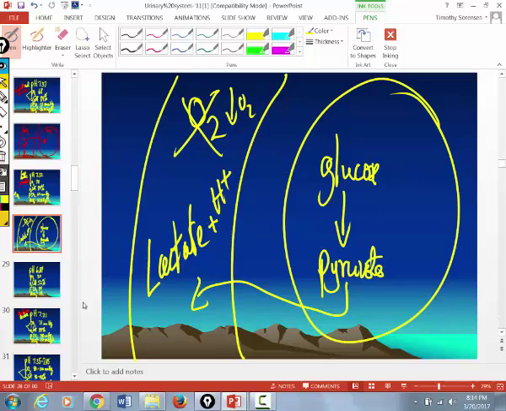But my point is that if you understand this, you'll understand why this can happen. That's the whole answer. It's both a metabolic and respiratory acidosis.